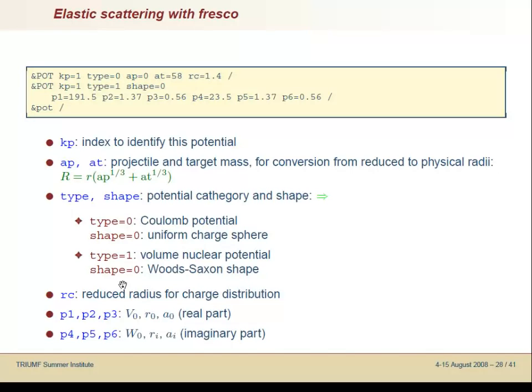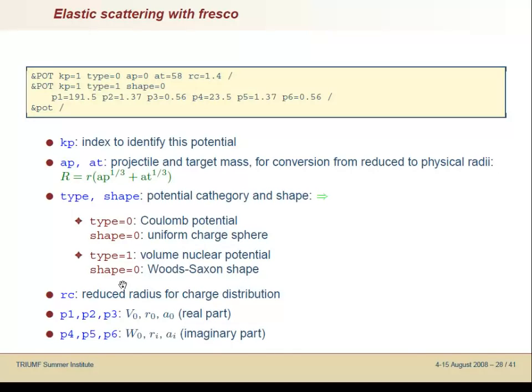The important thing is that the absolute radius is what you want it to be. So imagine, for example, that the absolute radius is 4.2 Fermi, and you take this from somewhere. I can, for example, set the criterion that AP is equal to 0 here, and AT is equal to 1. And then this means that my reduced radius, in this particular case, with this choice, will be the same as the absolute radius.